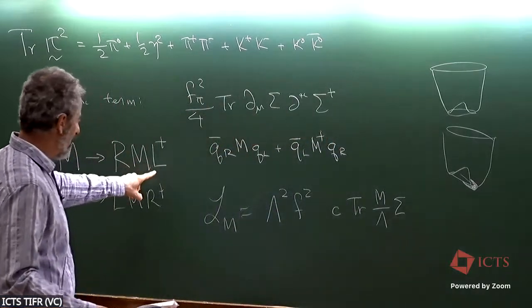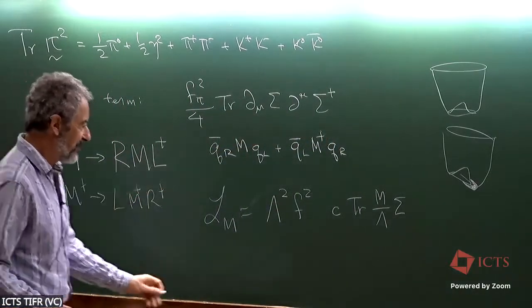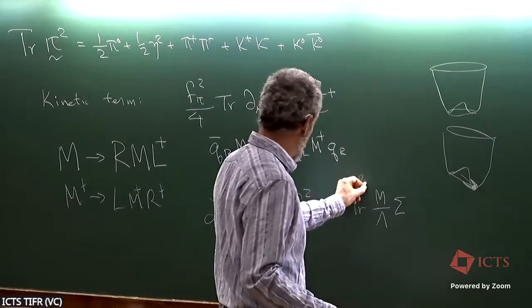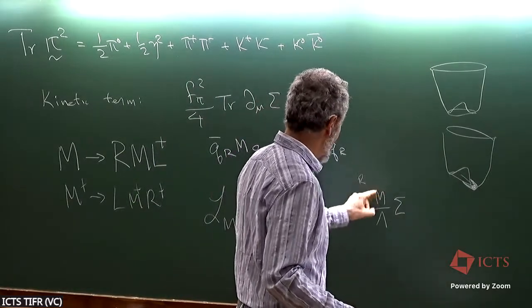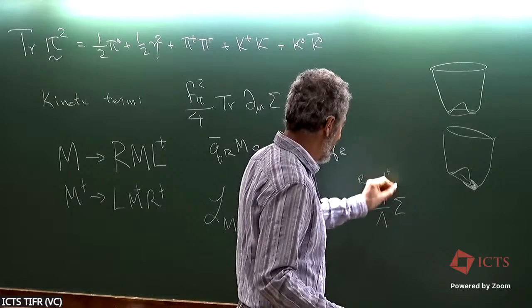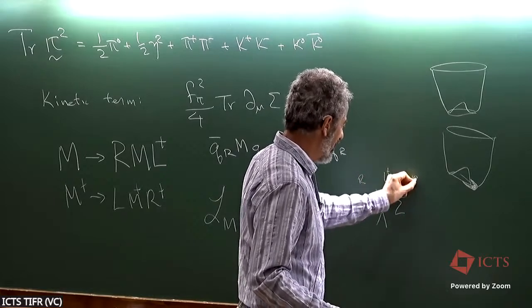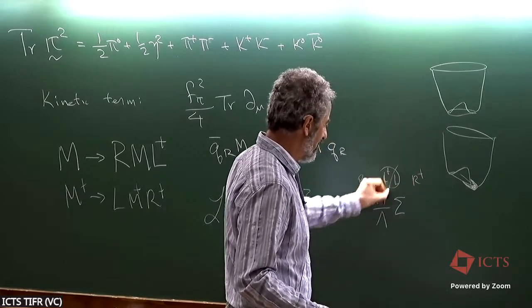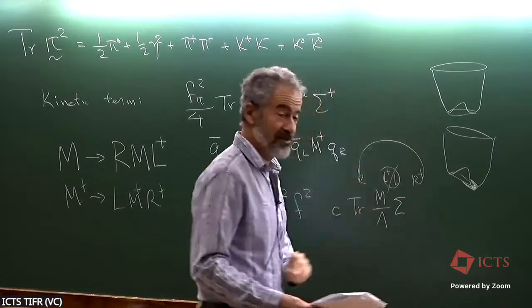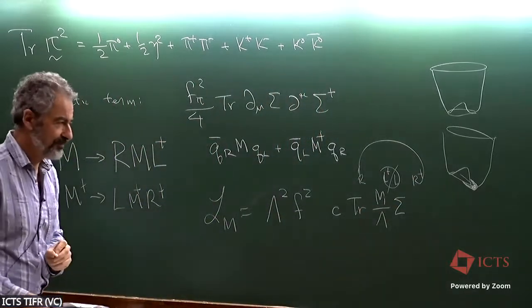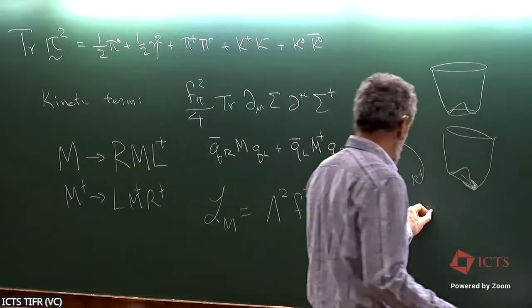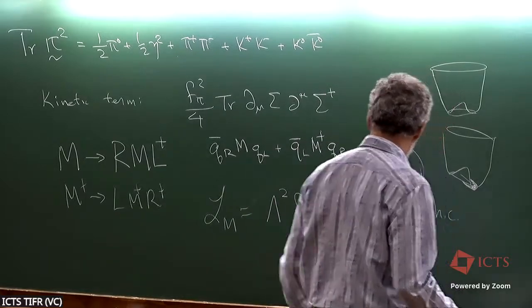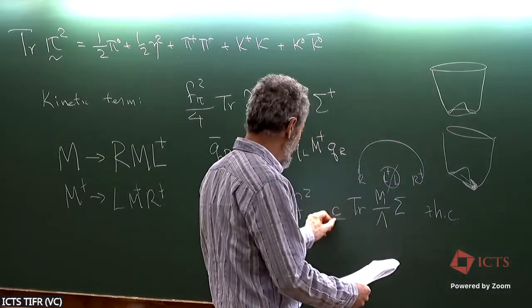Sigma goes like L sigma L dagger. So this picks up an R dagger, an R M L dagger, and then sigma picks up an L R dagger. And so these cancel, and then this one cancels with that. So this is invariant. And you have to add plus Hermitian conjugate. And for convenience, I'll put a 2 here.